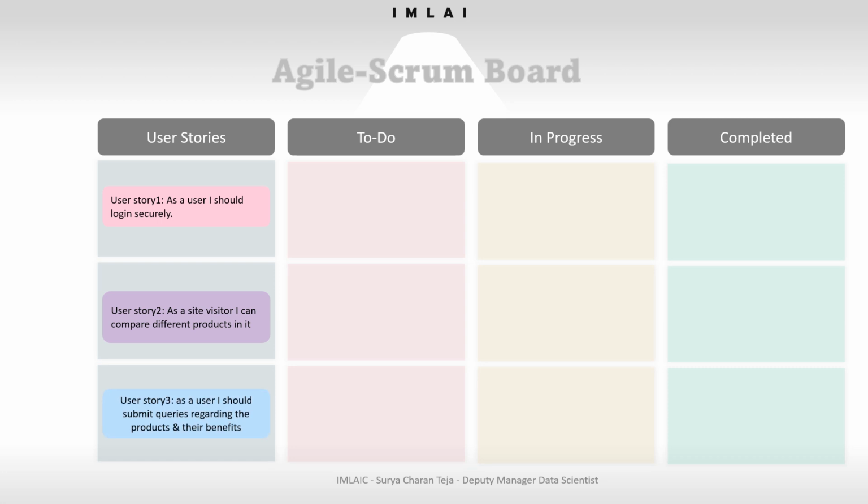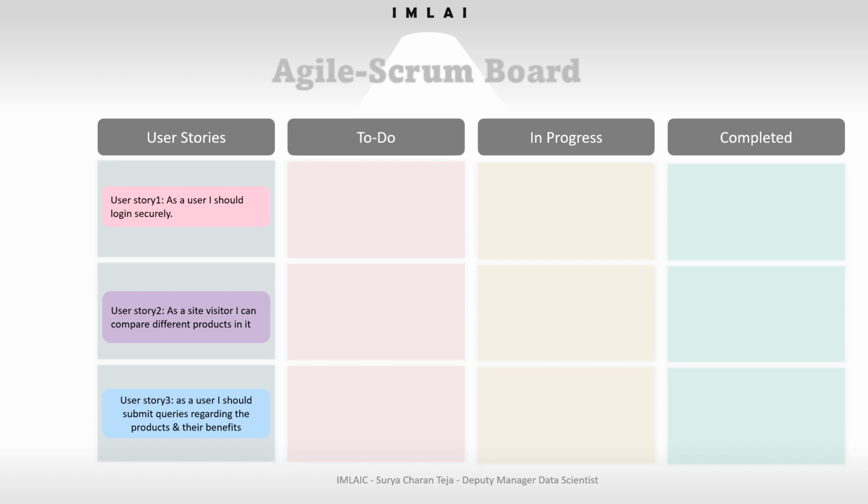Now, if we take one example here, we have broken down all the product backlogs into different user stories, and those product backlogs were attached to the different sprints.